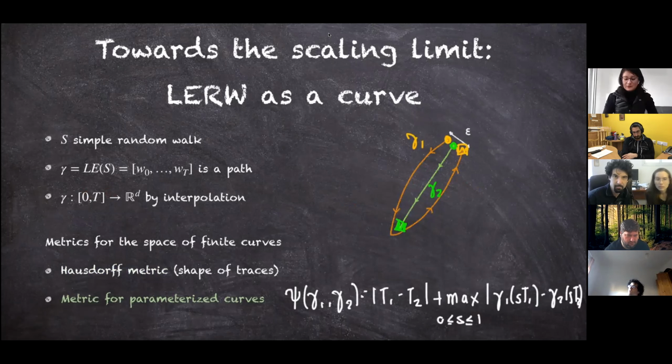What is happening here is I'm taking a reparametrization of my paths, traversing them at about the same time, and comparing the corresponding positions. So under this metric, of course, the green path and the orange path are far away, because if I look at the endpoints, when s is equal to 1, this endpoint is far away from this other endpoint. So you can see that depending on the metric, some curves may be close, but not as parameterized curves.